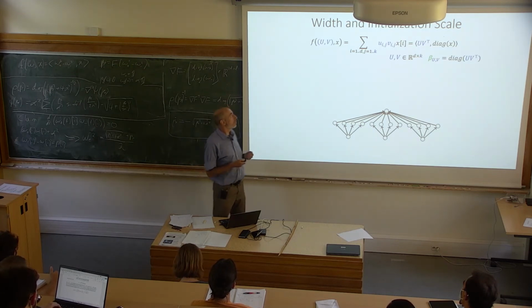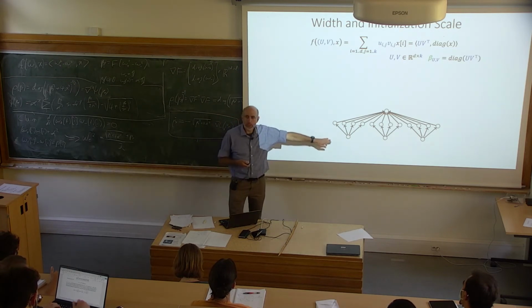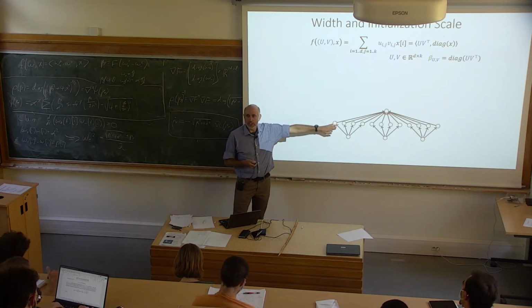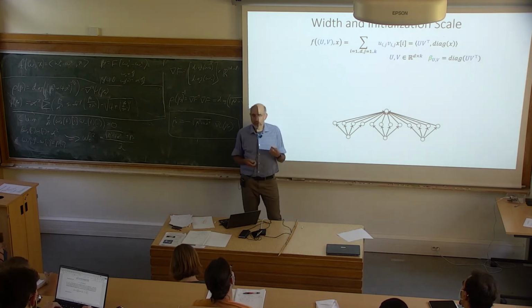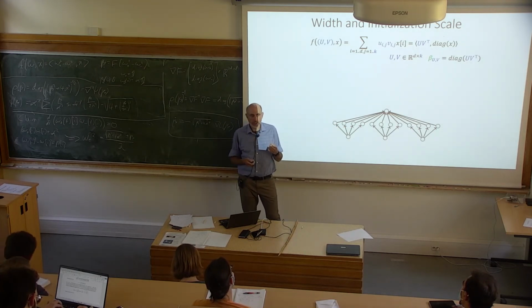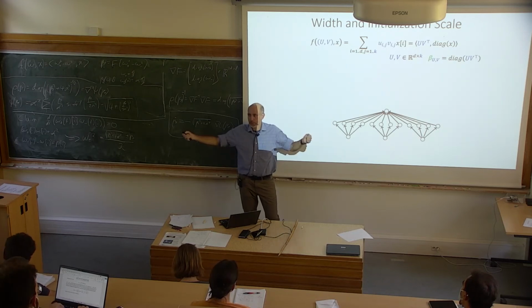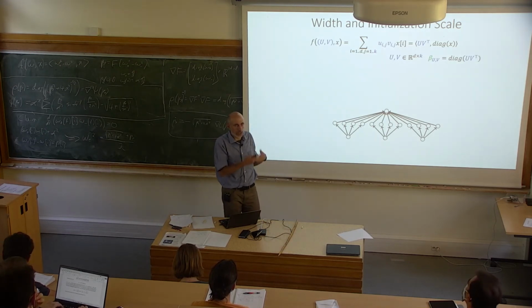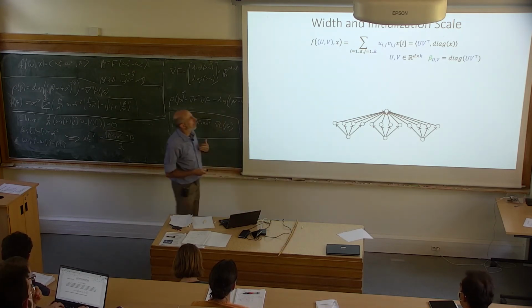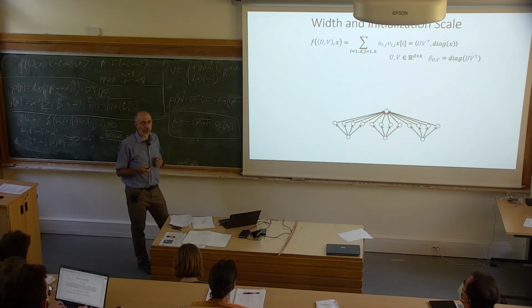I'm going to take my same linear diagonal network, and instead of having just one or two units for each coordinate, I'm now going to have many units for each coordinate. Again, this is just a parameterization of a linear function, but now a wide parameterization of a linear function.